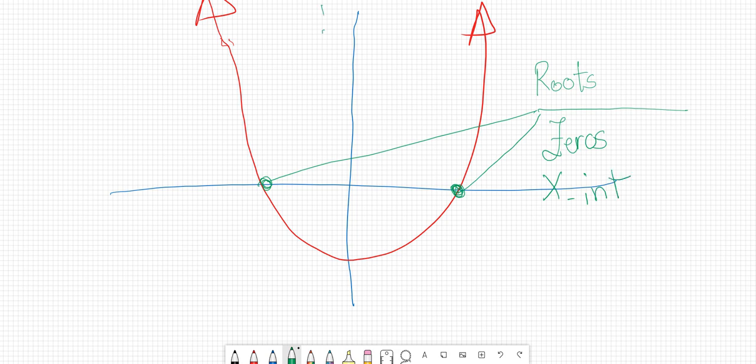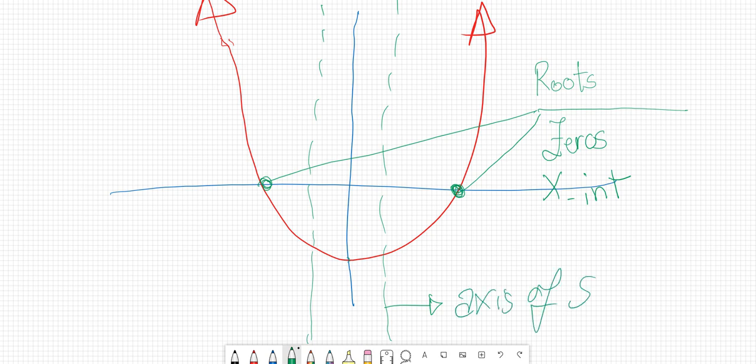Then we could have a line here, and it must pass through the middle of the function, and we could call it the axis of symmetry. Plus here, at this point we call it the vertex, and this vertex is where the function changes its behavior.